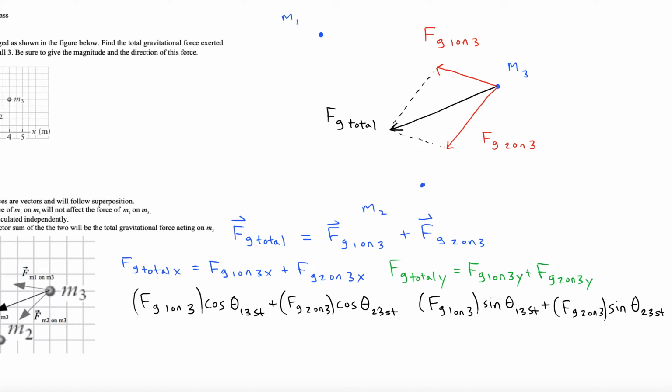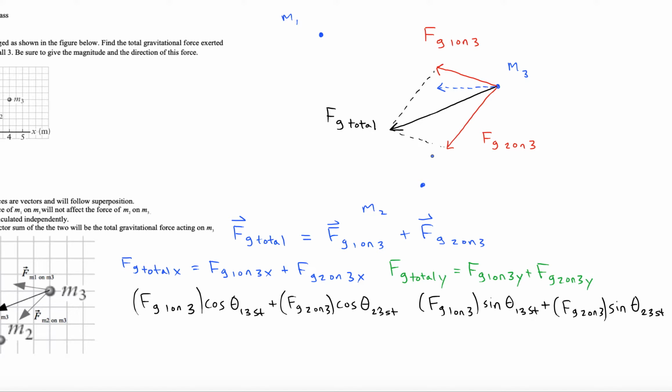Okay, so what exactly am I writing down here? Well, Fg1 on 3x would be that component, the x component of the red vector 1 on 3.